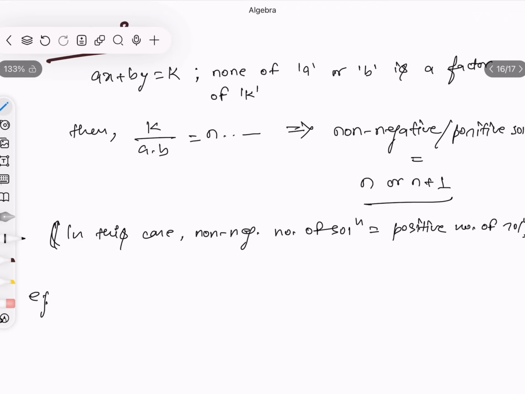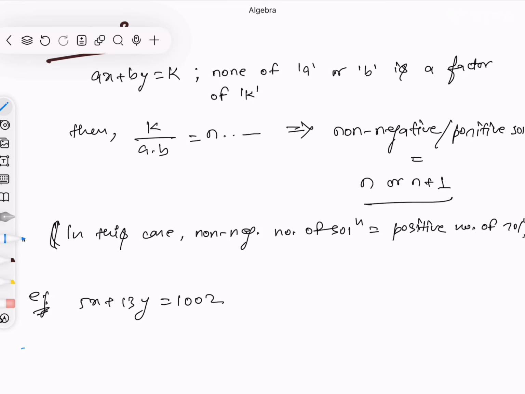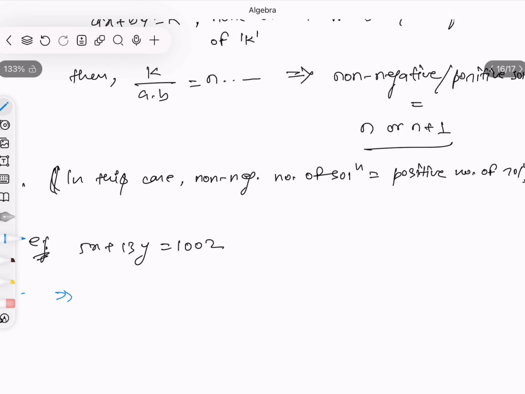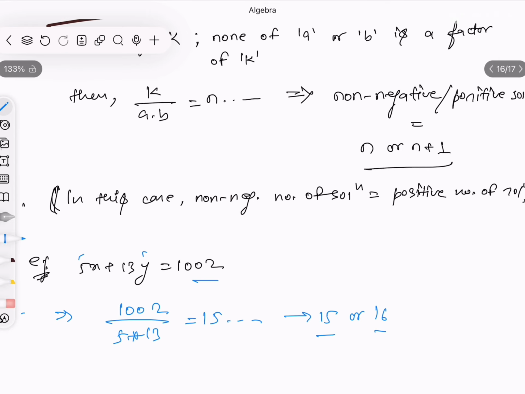Let's say you have 5x plus 13y equals 1002. So k upon a multiplied by b would be 15 point something. You can solve it. Either it will be 15 or 16. If you try to divide 1002 by 5 or 13, it will not divide completely. So our third case is satisfied, and that is why we are doing it like this.